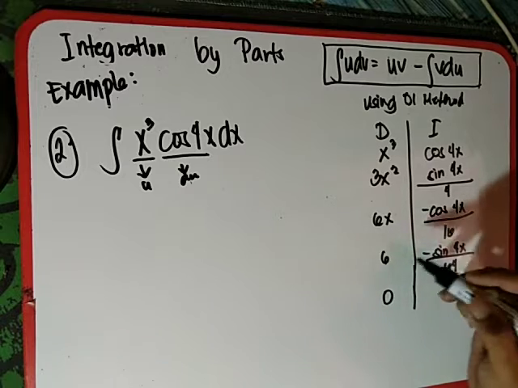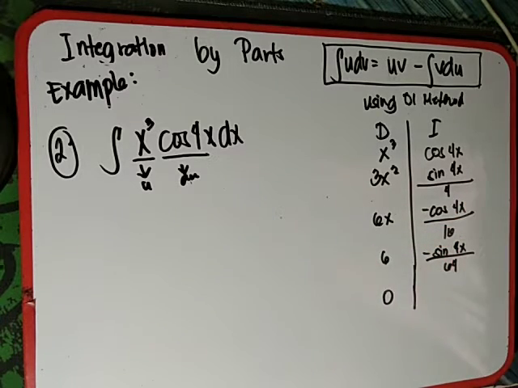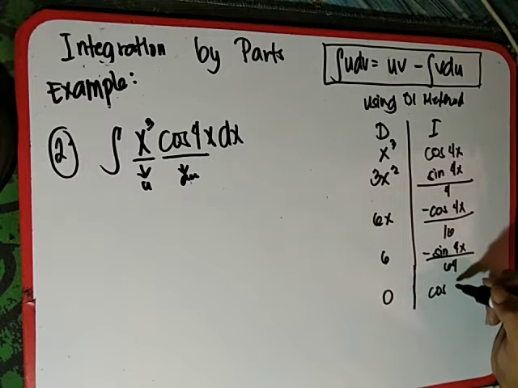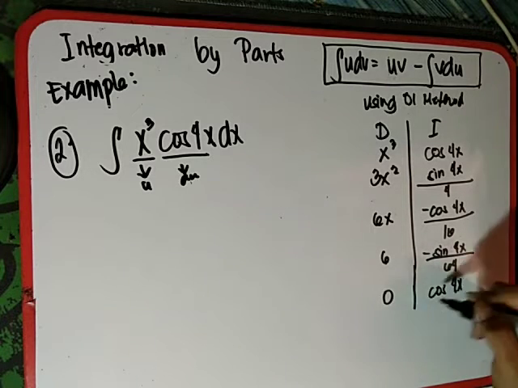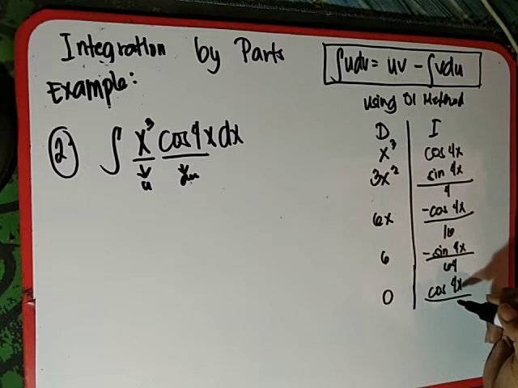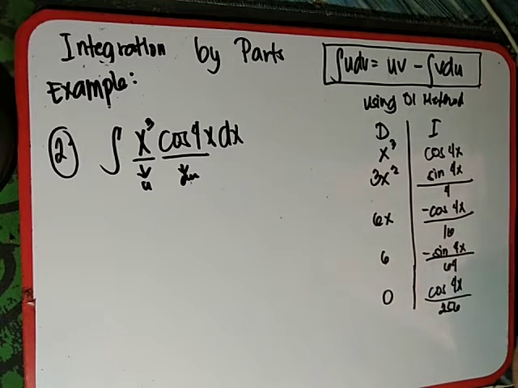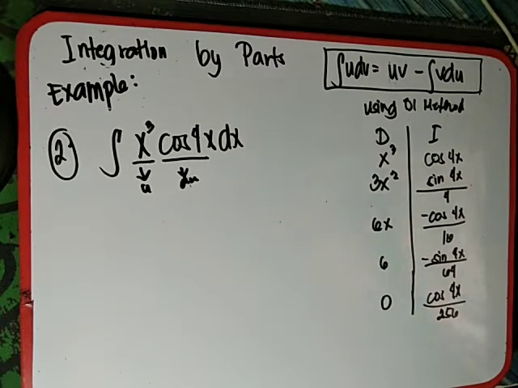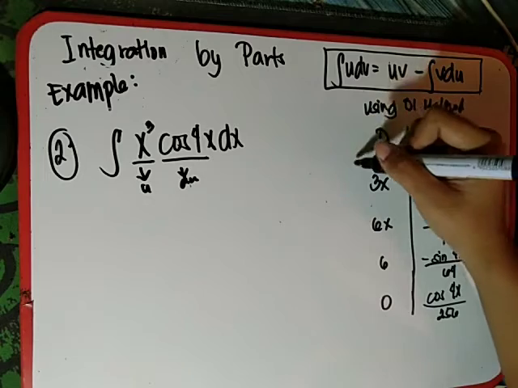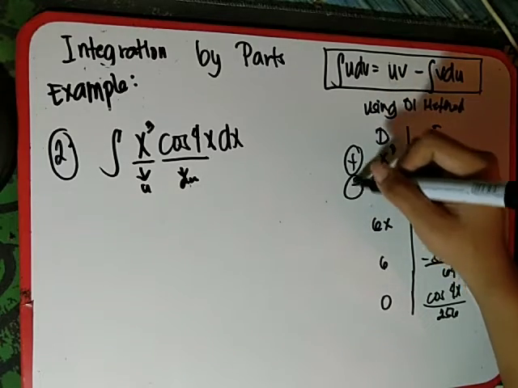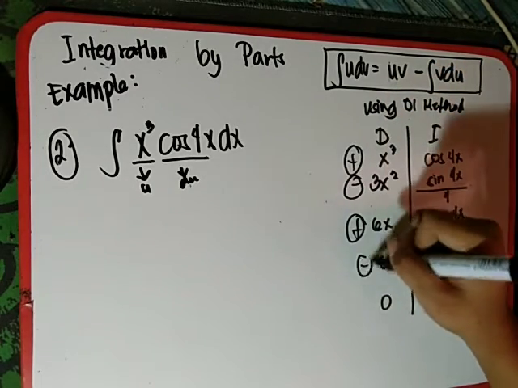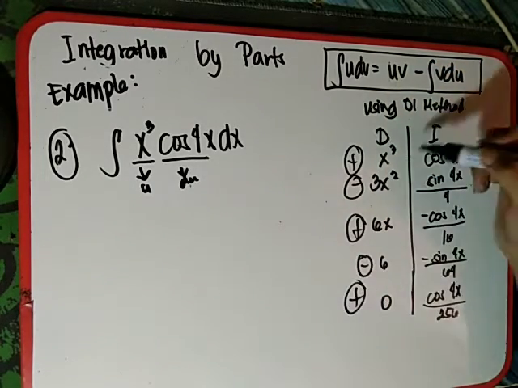And 0, the derivative of 6 is 0. So we have the cosine 4x over 256. So this is positive, negative, positive, negative, positive.